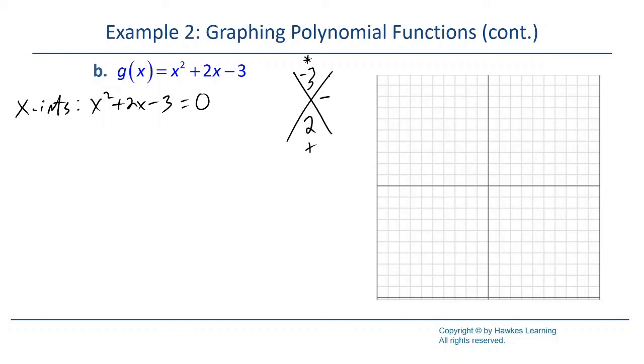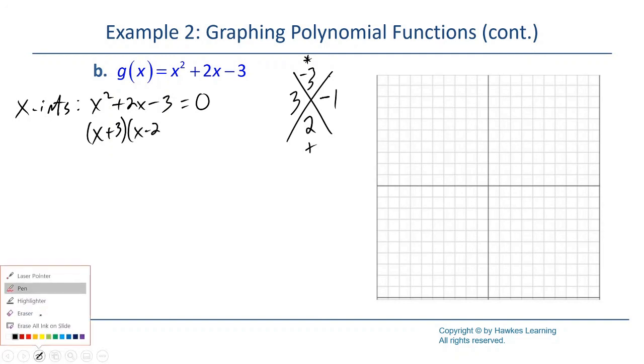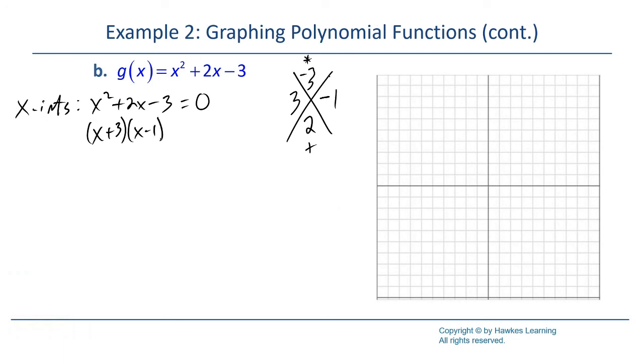If I did -3 and 1, those would add to get -2. So I'm going to have to do +3 and -1, because if I multiply them, I get -3, and if I add them, I get +2. So then that gives us x plus 3, x minus 1, not 2, is equal to 0.